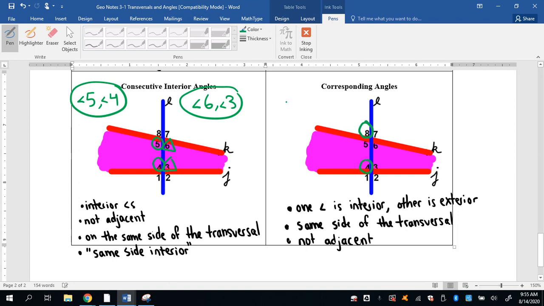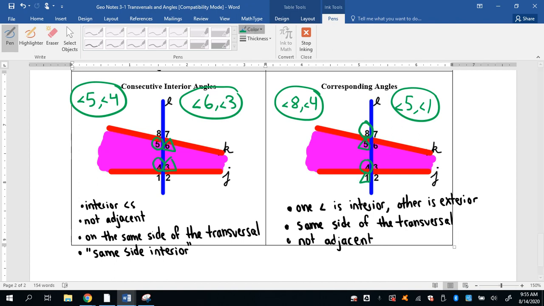So angle 8 and angle 4 is a corresponding angle pair. Another angle pair would be 5 and 1. Angle 5 and angle 1 are on the same side of the transversal. One is interior, one is exterior, but they are not adjacent. They don't share the same vertex.